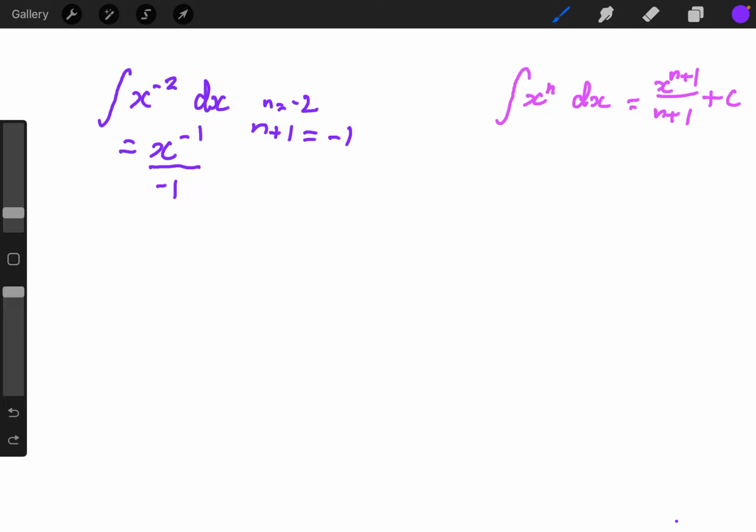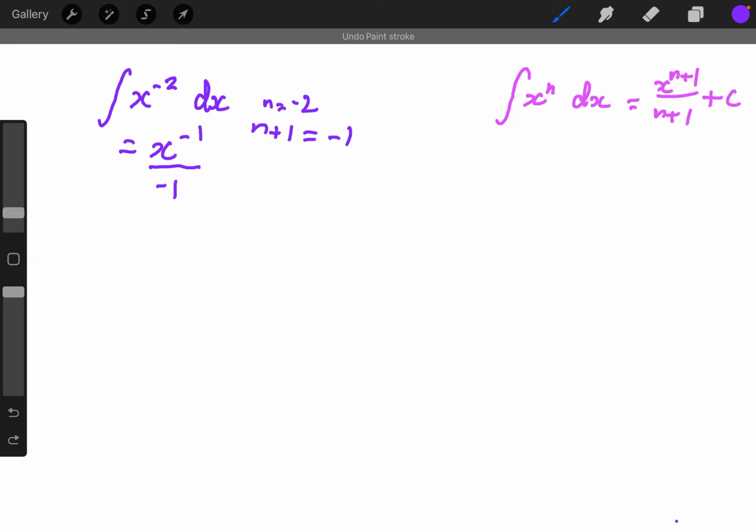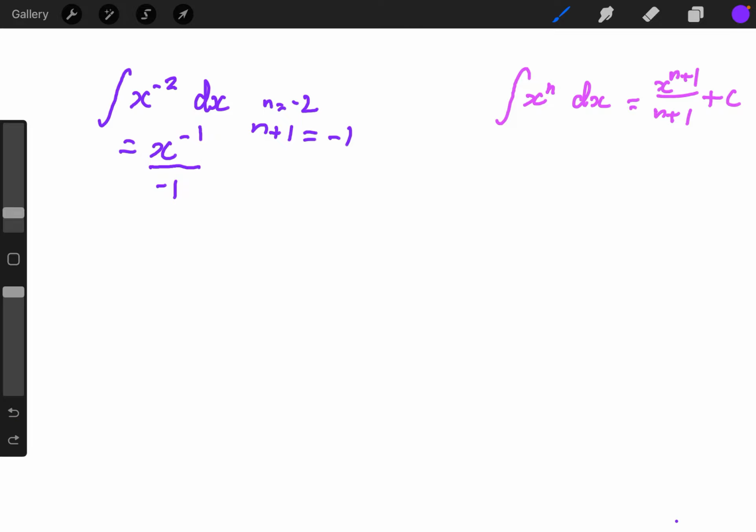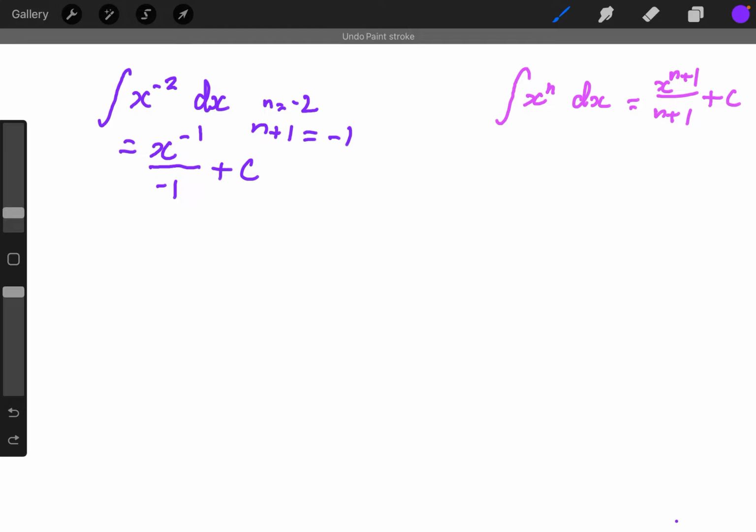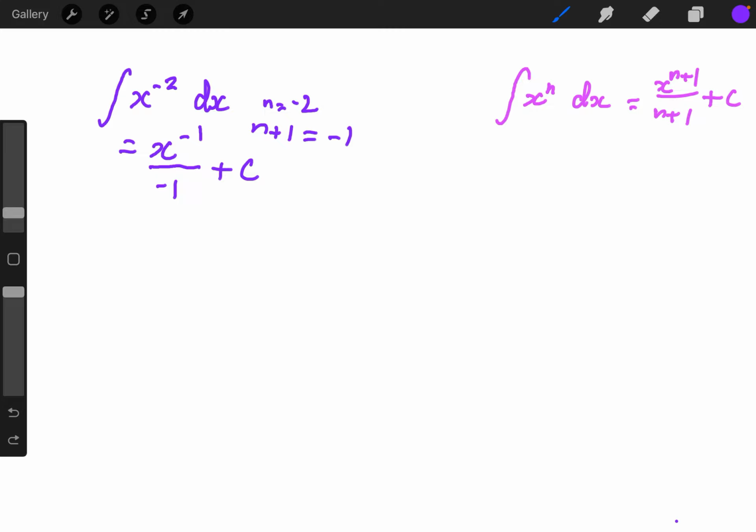I'll remove it just because it's a bit confusing, but remember this one is still right. If you know your index laws well, then you can rearrange it to make it look nice, but whatever, chill, bro. It still works. So that plus C, of course, remember the plus C, bro, or they're gonna minus a mark off you.